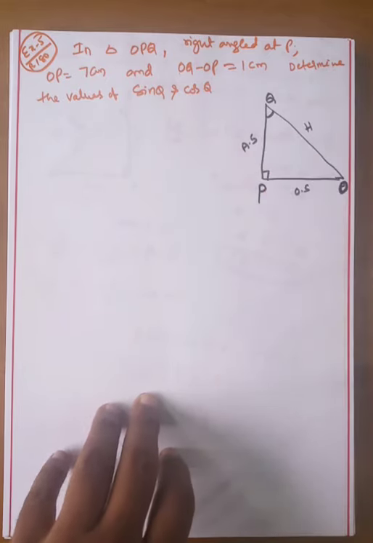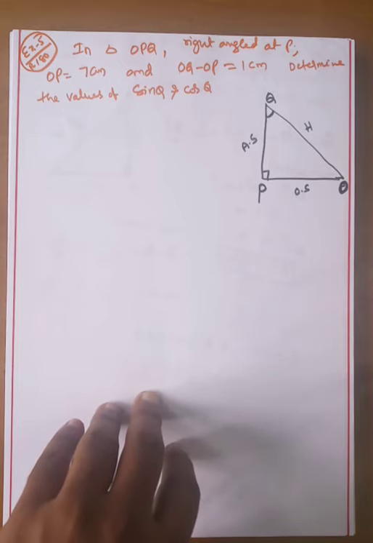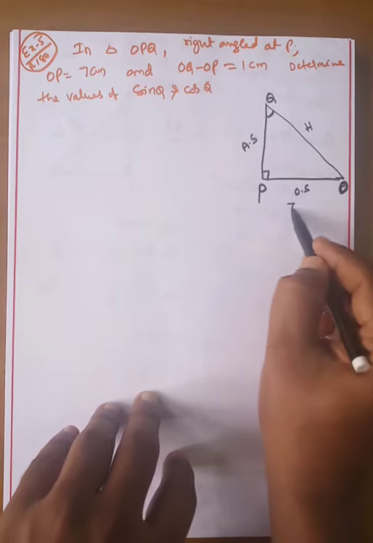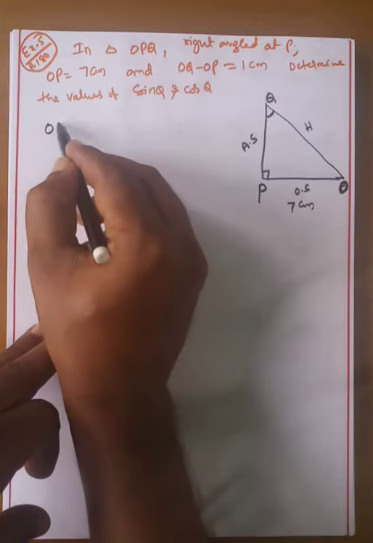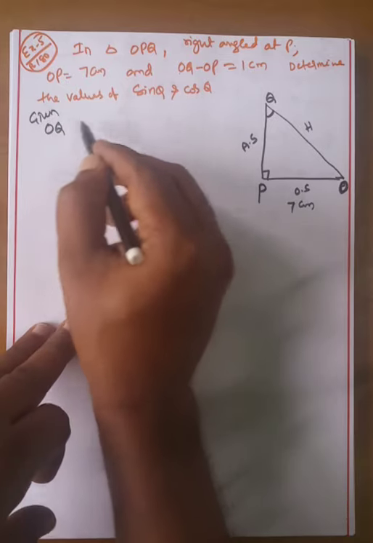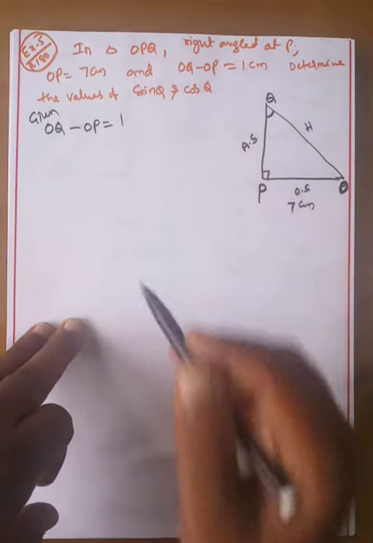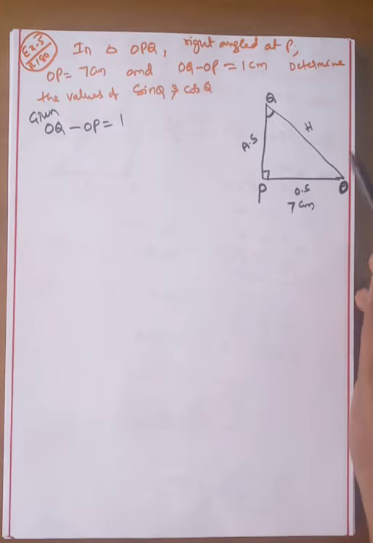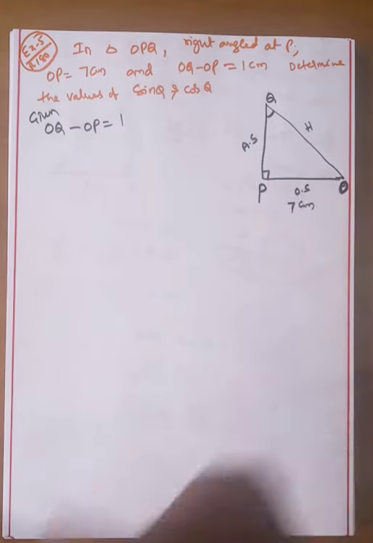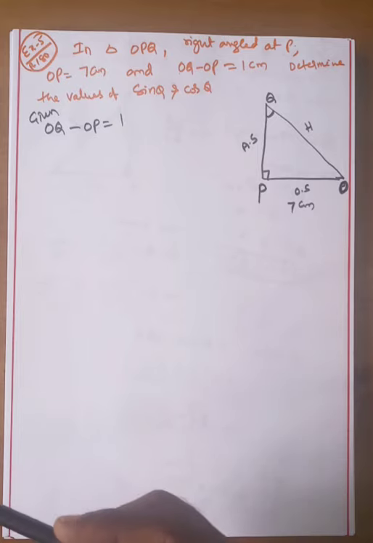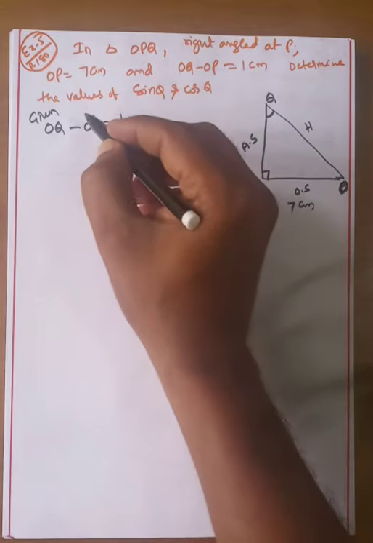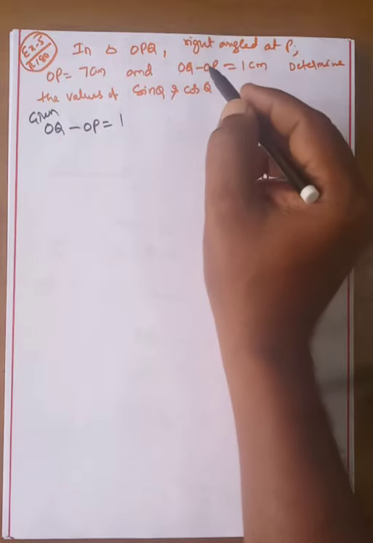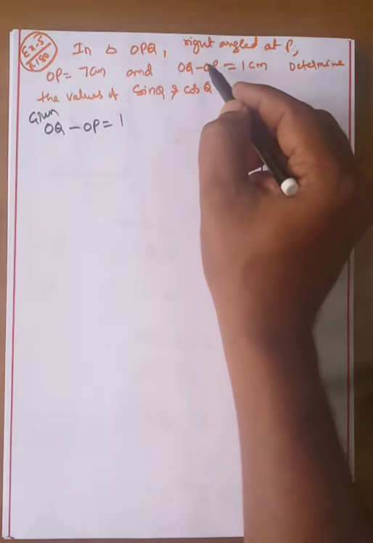What is given? OP is given as 7 centimeters. And what else is given? Observe that: OQ minus OP is given. Sorry, not OQ minus OP, my dear boys.